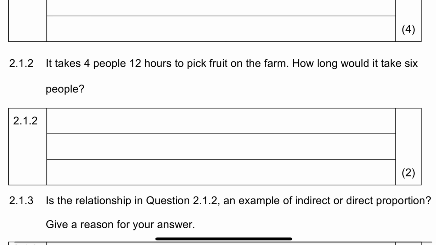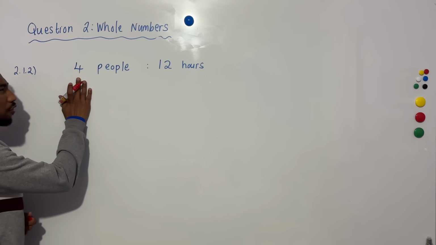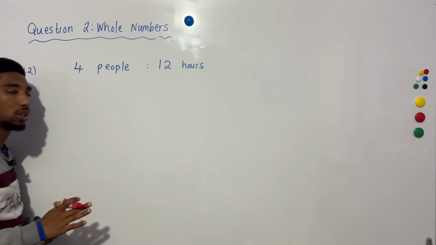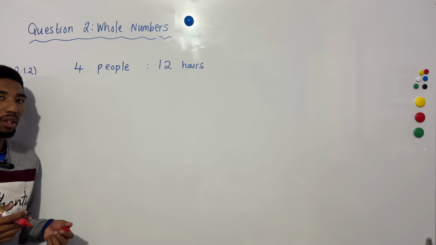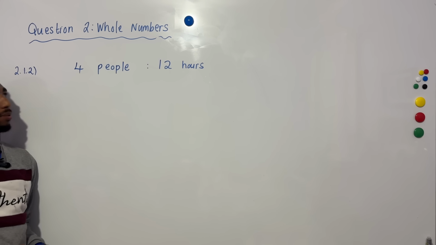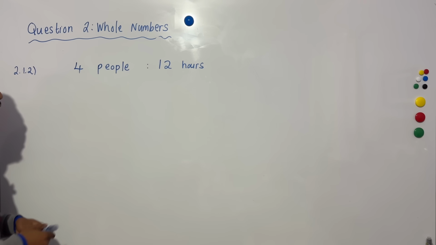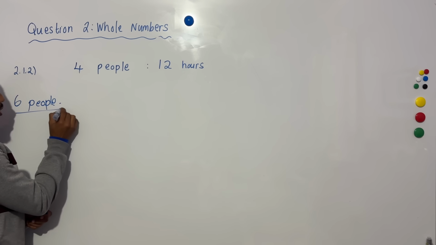It takes 4 people 12 hours to pick fruit on the farm. How long would it take 6 people? It's very important to understand this question very carefully. Now, if 4 people take 12 hours, remember that in the application now, the more people, fewer hours need to be taken. So I'm going to look for 6 people, right?